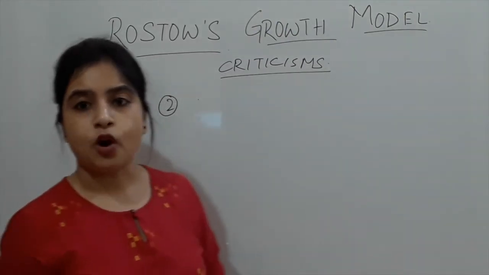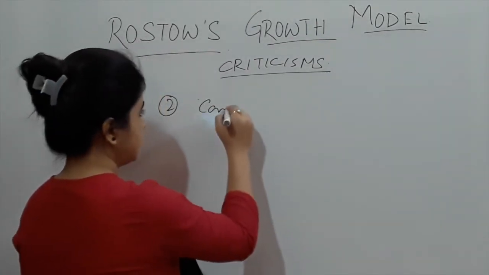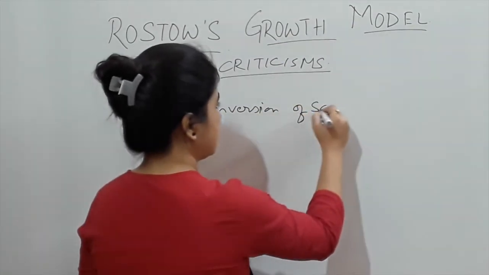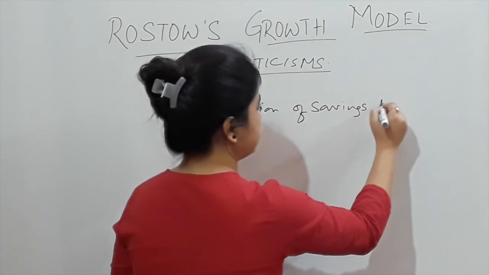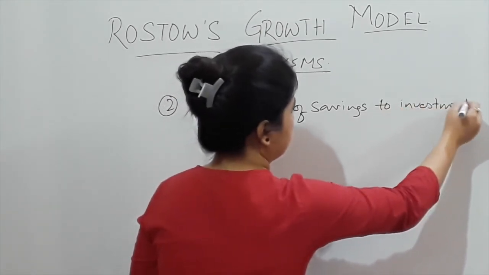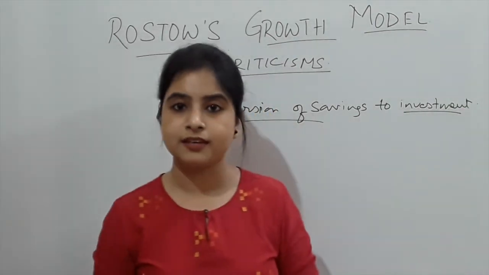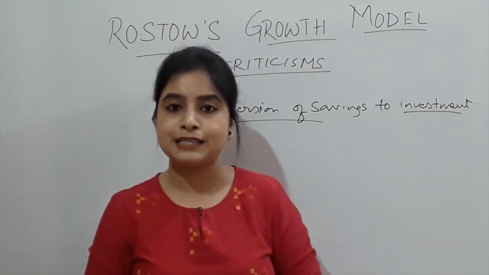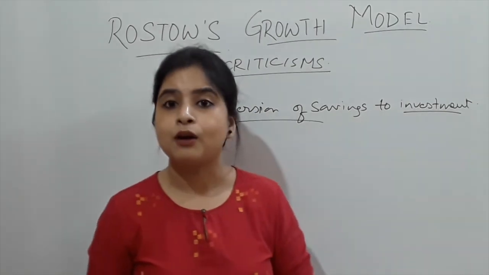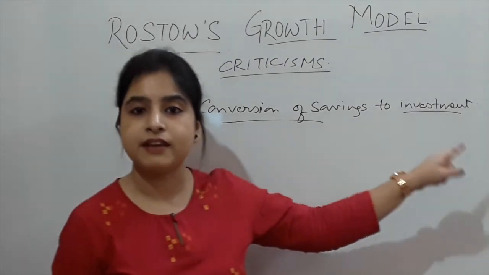The second criticism talks about saving and investment. What is it? The conversion of savings to investment. We have found in the whole theory of Rostow, in his stages of economic growth, that nothing has been mentioned about the process of how the savings are being converted into investment.